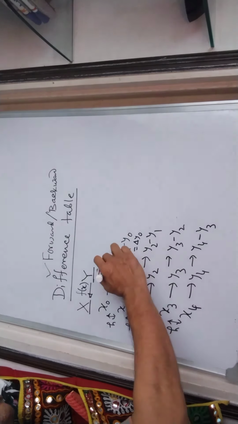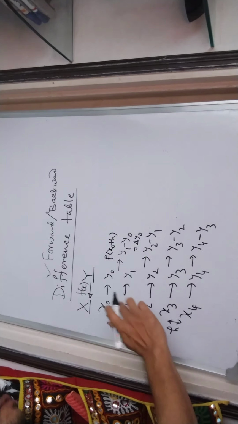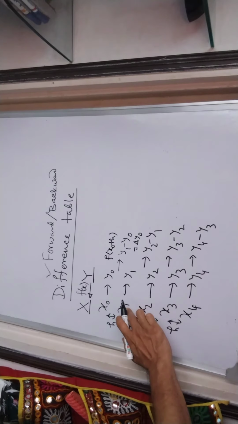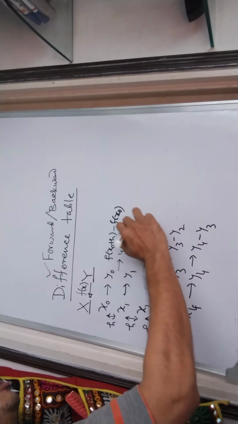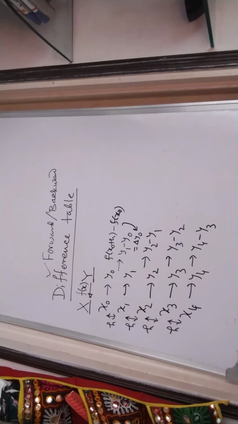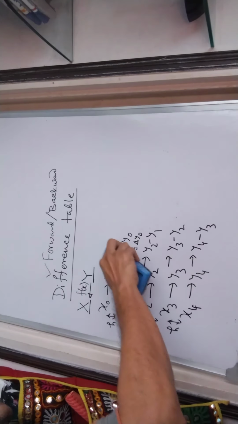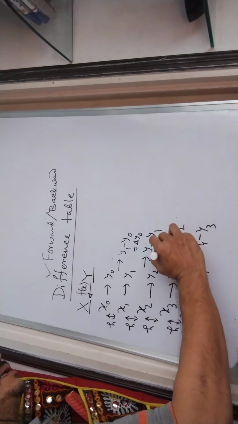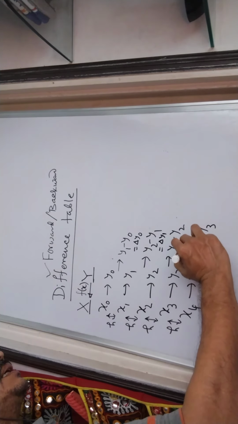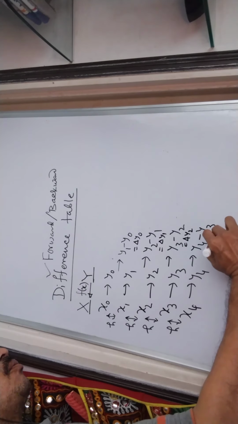So this is actually f(x0 plus h), isn't it so? y1 is at x0 plus h, which is x1, and this is x0. So obviously it will be represented as delta of f(x0) or delta of y0. And similarly this will be delta y1, this will be delta y2, and this will be delta y3.